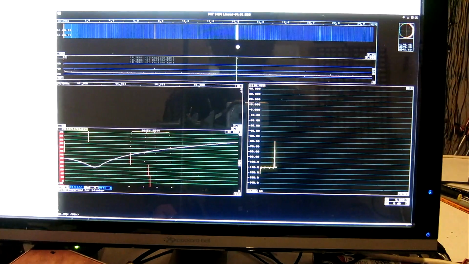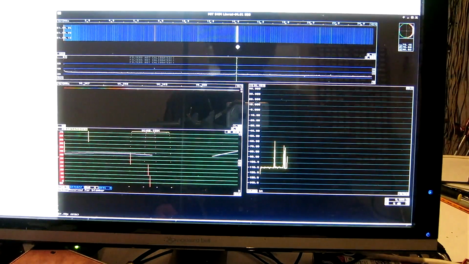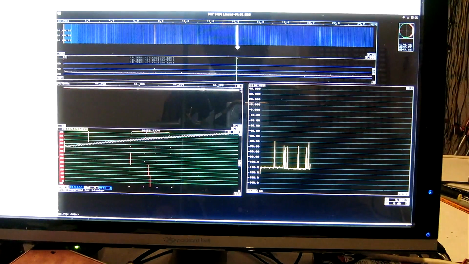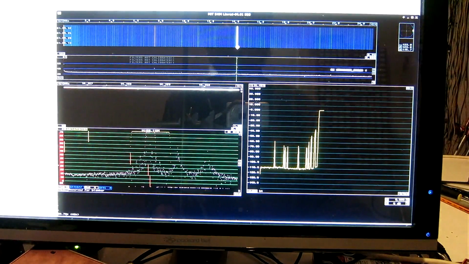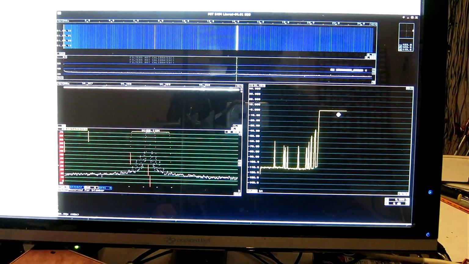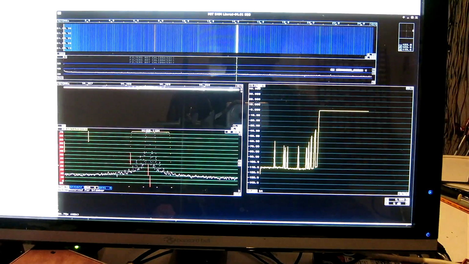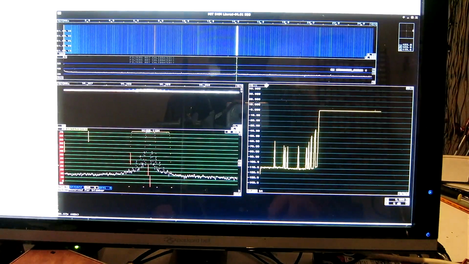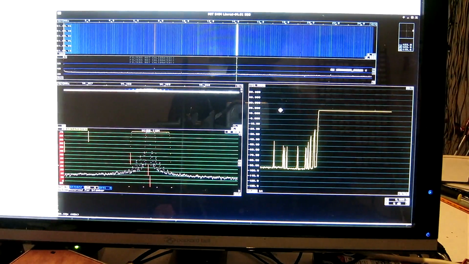So if I look at the signal, 158 here, it's close but not exactly the same. I don't know why.